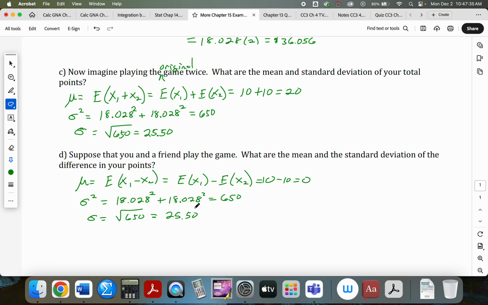Why is it the same? It doesn't matter whether you are adding or subtracting the points. The standard deviation behaves the same way, and it's because you're squaring, if you want to think about it that way. Oh, okay. That kind of helps me.